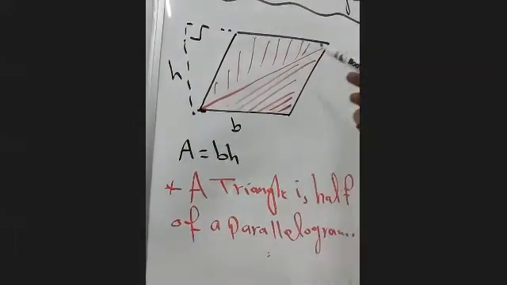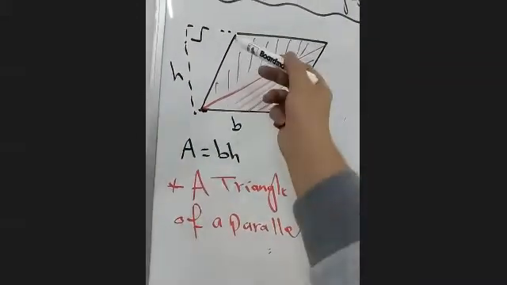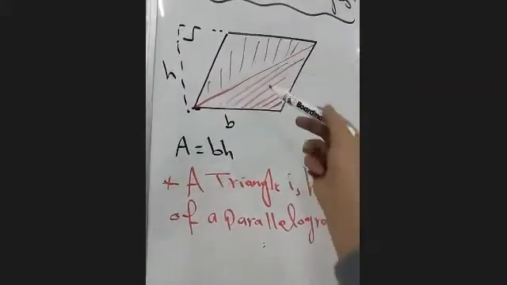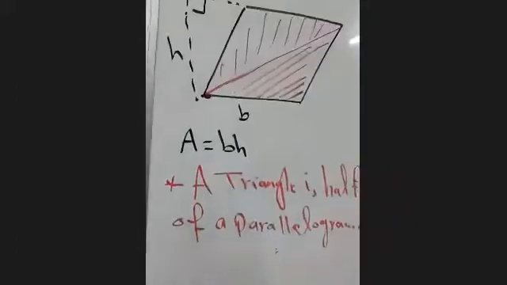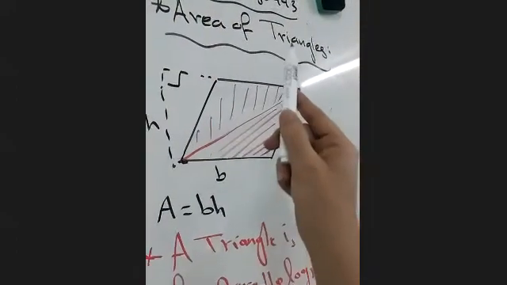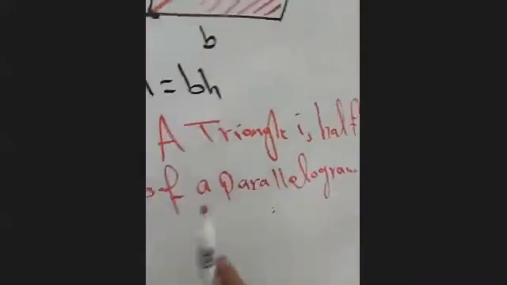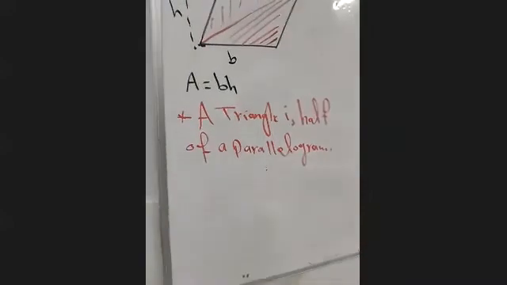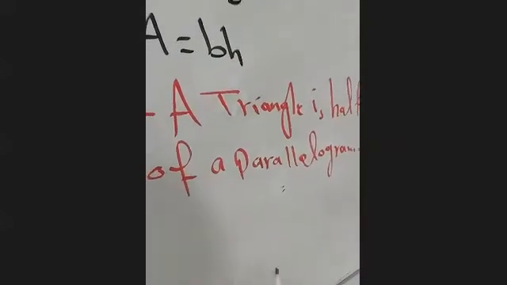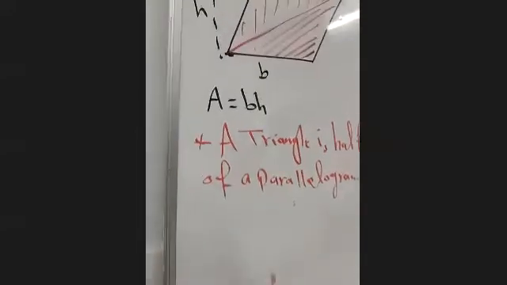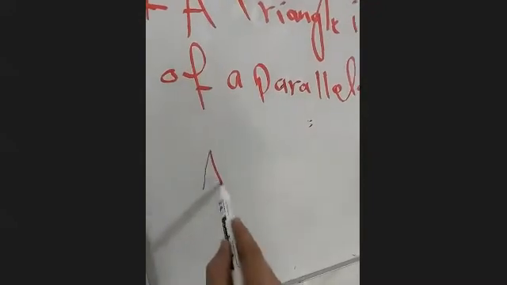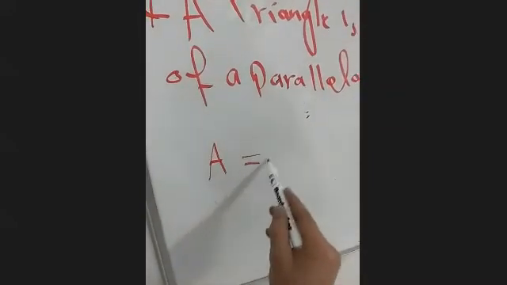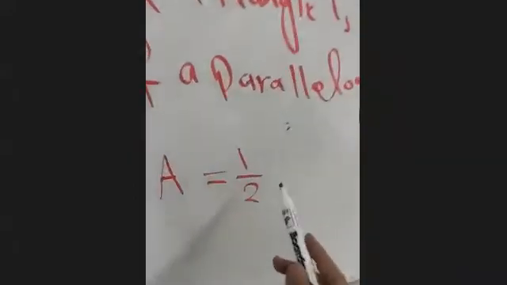If we make a line along the diagonal, either this or this, you will have two congruent triangles. Each triangle is half of the parallelogram, which means the area of the triangle is half the area of the parallelogram. The area of the parallelogram is BH. So the area of the triangle equals half of BH.